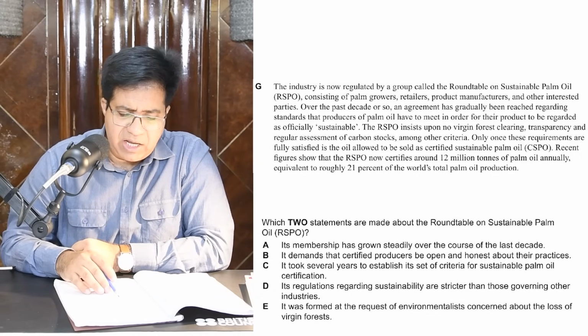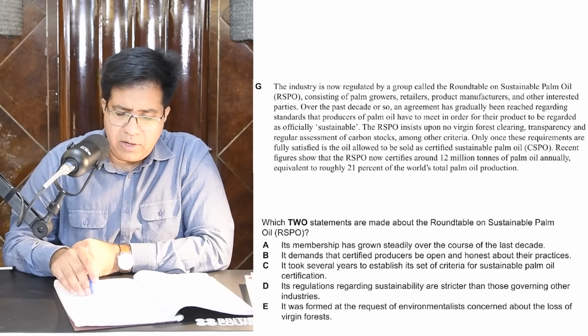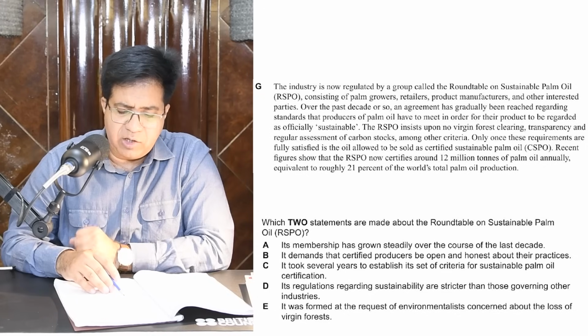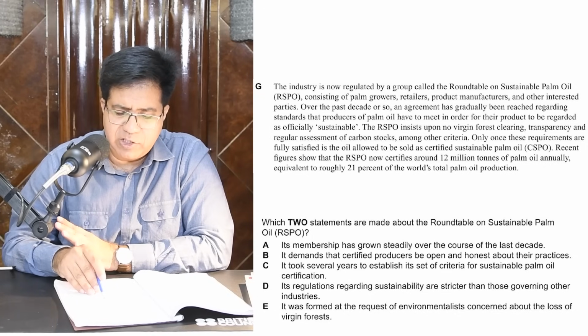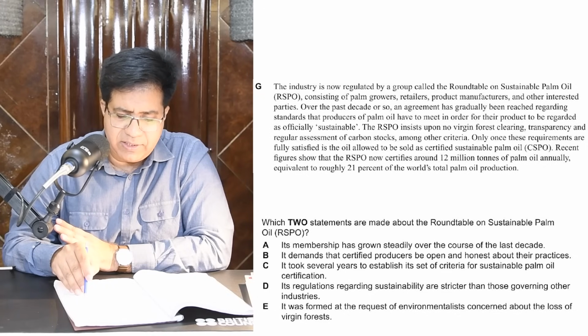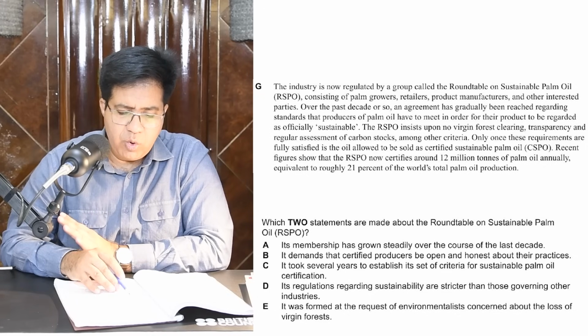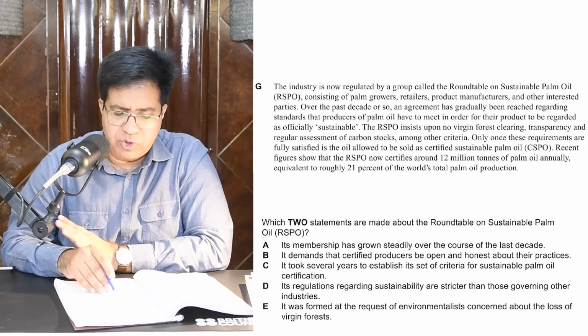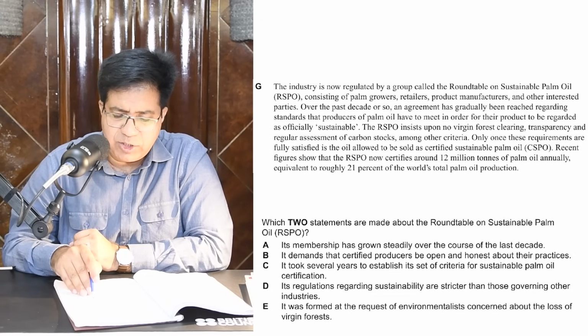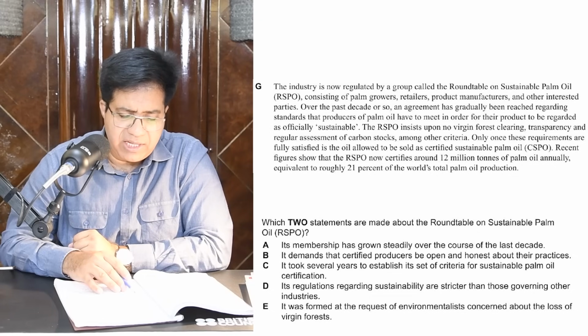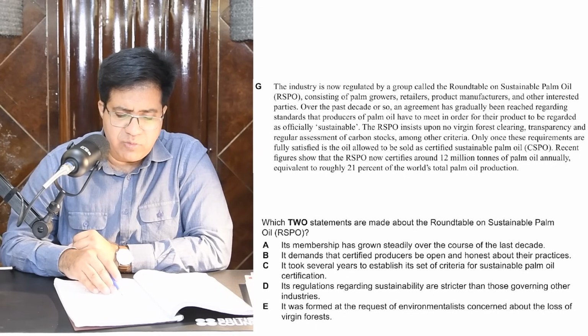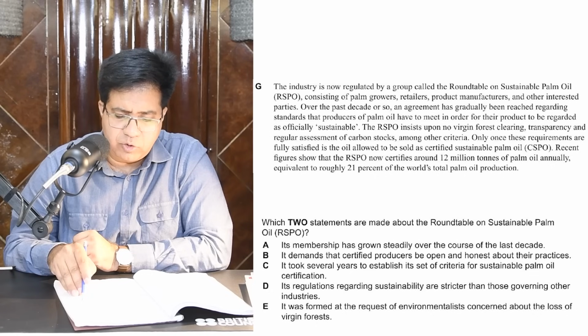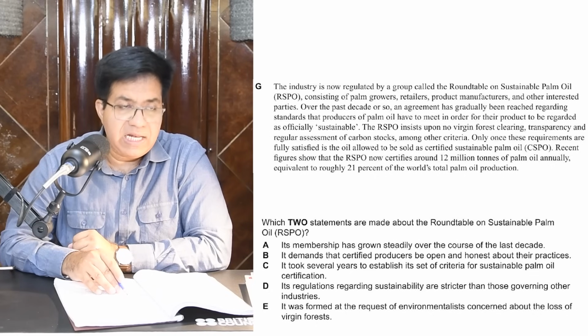The industry is now regulated by a group called RSPO, consisting of palm growers, retailers, product manufacturers, and other interested parties. Over the past decade or so, an agreement has gradually been reached regarding standards that producers of palm oil have to meet in order for their product to be regarded as officially sustainable.